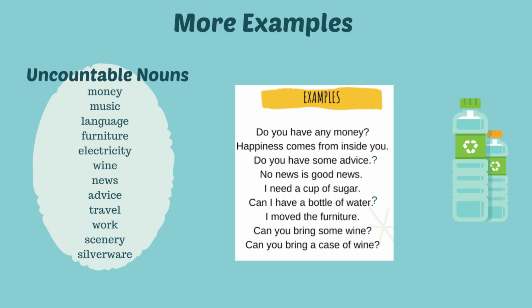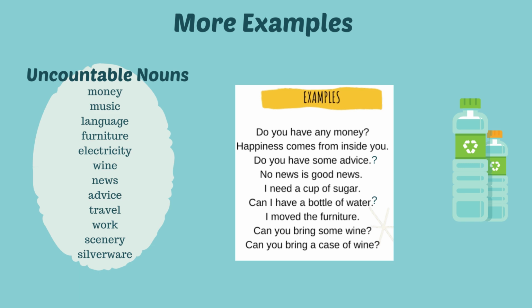They travel all the time. Work. They do a lot of work. Scenery. We saw beautiful scenery. So do you remember? Countable noun is views. Scenery is uncountable. Silverware. We have 8 spoons in our silverware set.